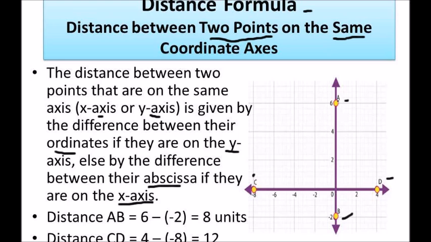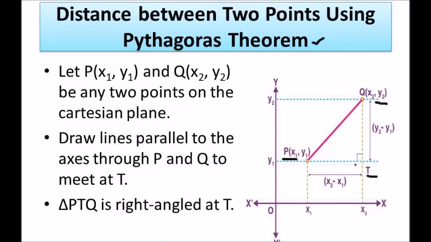In this figure, the distance AB is equal to 6 minus 2, that is 8 units, and also distance CD is equal to 4 minus 8, that is equal to 12 units.